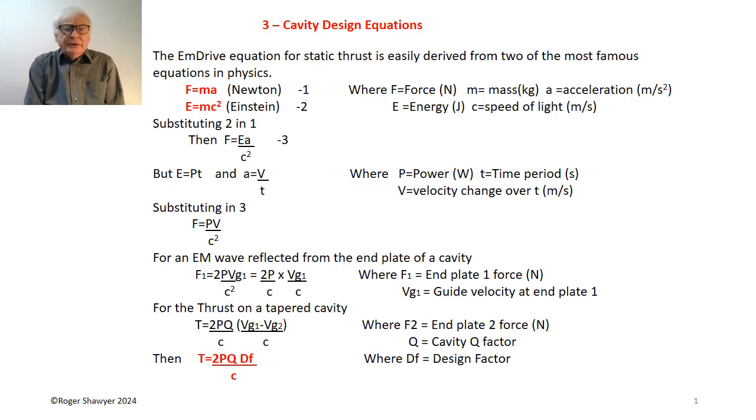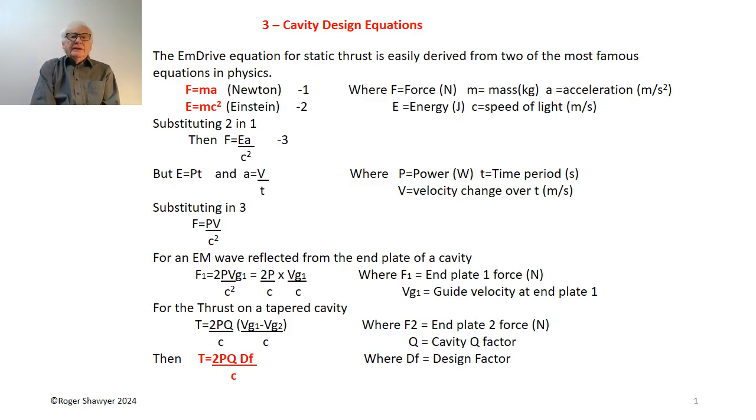But we know that E equals P times T. Energy is simply power times time, and we know that acceleration is velocity divided by time. So if we substitute these two equations in equation 3, we get F equals PV over c squared.